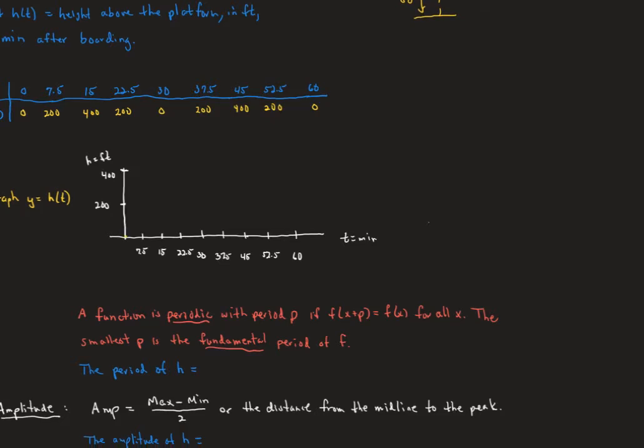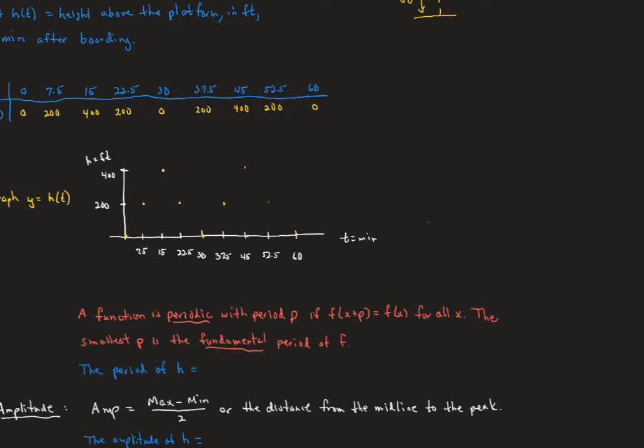We know we have 0, 0, and at 7.5 we're at 200, and at 15 we're at 400, and 22.5 back to 200, to 0, to 200, to 400, to 200, to 0. Now you can see that this repeats itself over and over again.